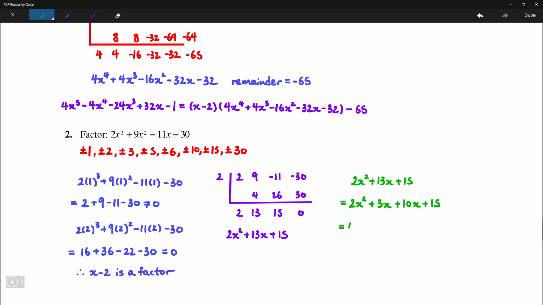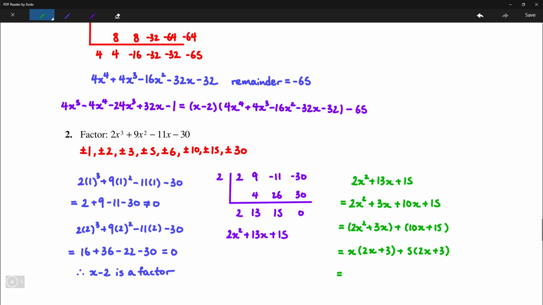And then regroup the first two terms together and the last two terms. The greatest common factor in the first two terms is just x. So we have x times 2x plus 3. And the greatest common factor in the second two terms is 5. So we have also here 2x plus 3 in the parentheses.